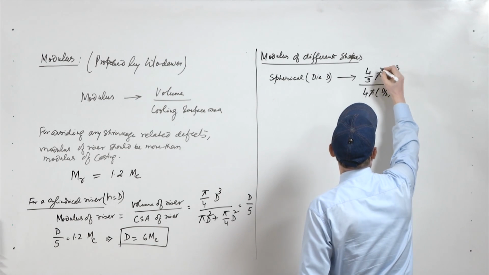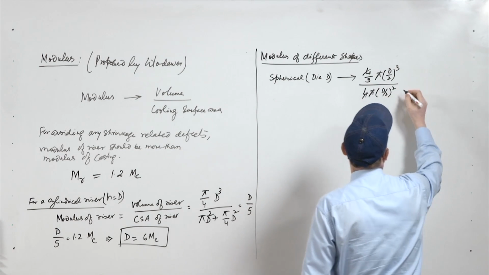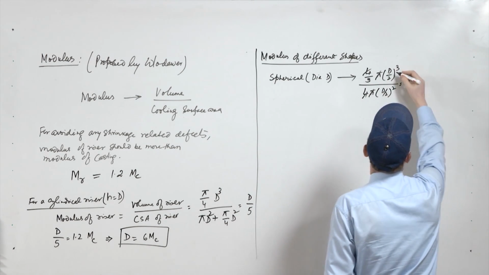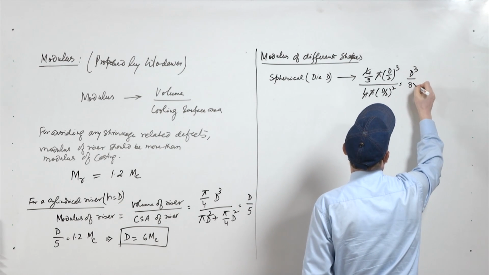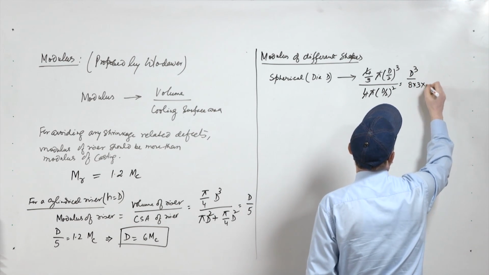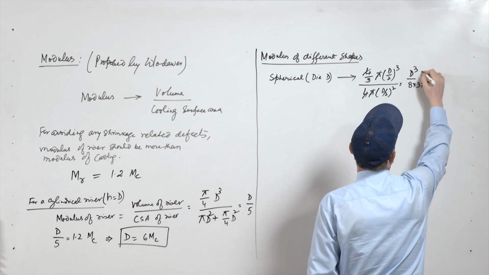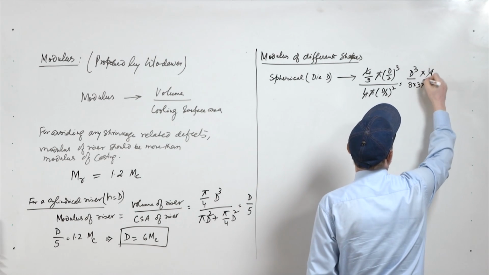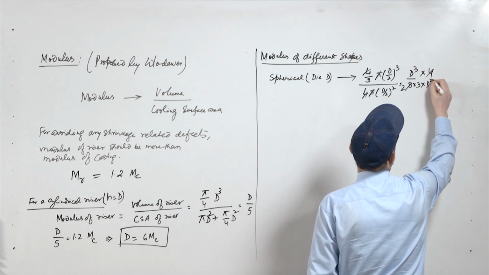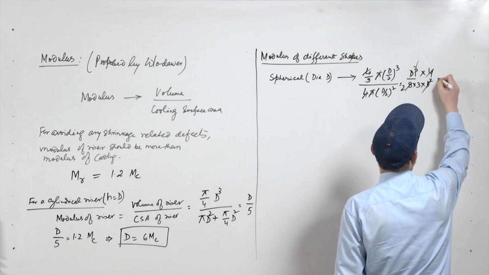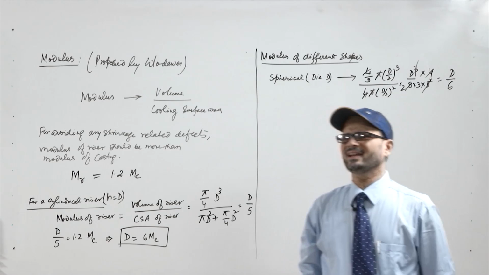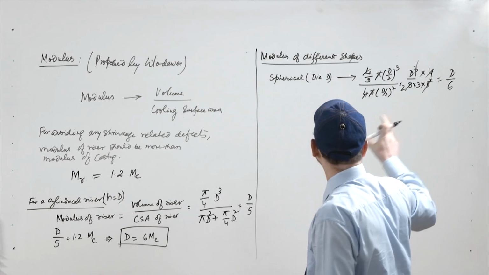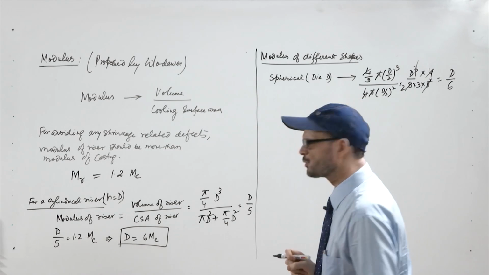So, 4 and 4 getting cancelled. So, d by 2 cube. So, d cube upon 8 into 3 multiplied by d square and into multiplied by 4. So, it will be d upon 6. So, for a spherical shape you get the modulus as d upon 6.